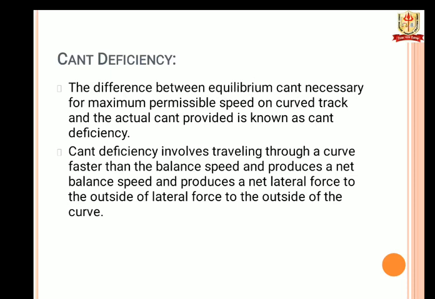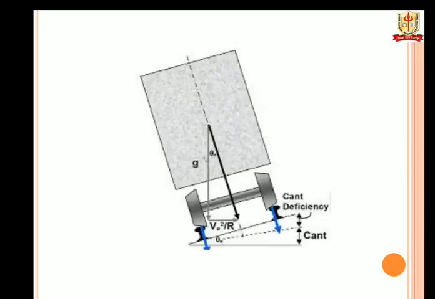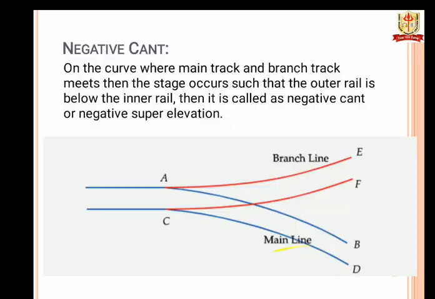First, higher cant deficiency results in extra pressure and lateral thrust on the outer rails, which requires a strong track and more fastenings for stability. Next, higher cant deficiency results in more side wear and creep of the outer rail of the track. Third, higher cant deficiency results in more discomfort to the passengers. So this is an image of cant deficiency.